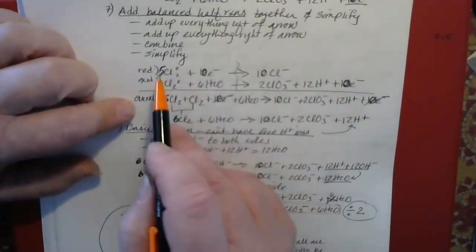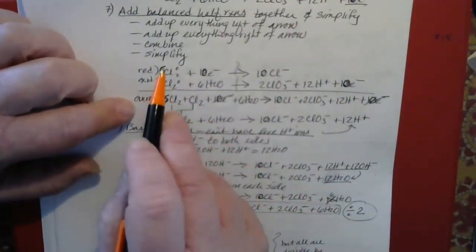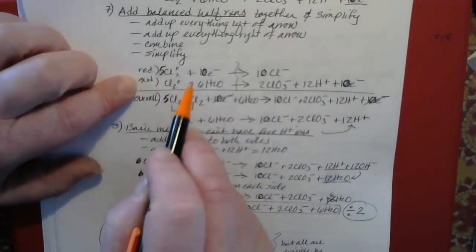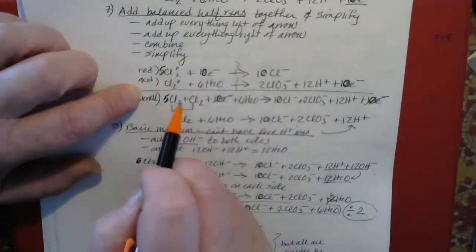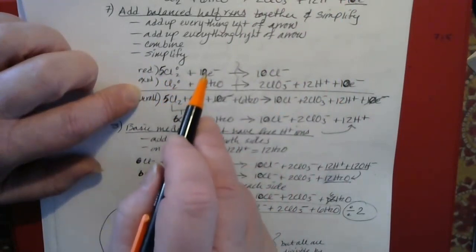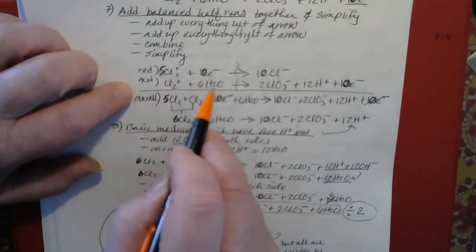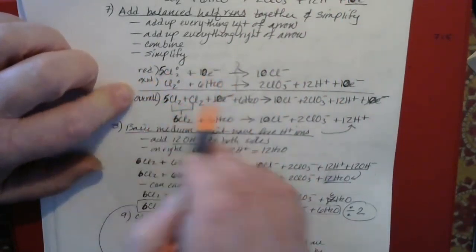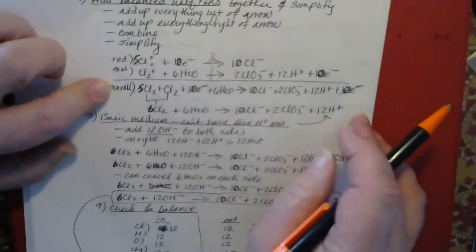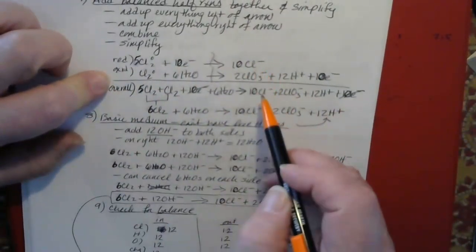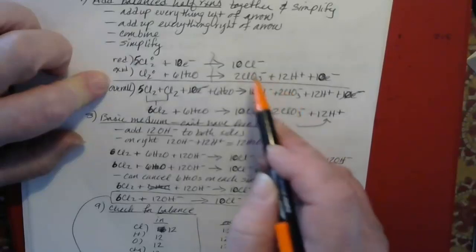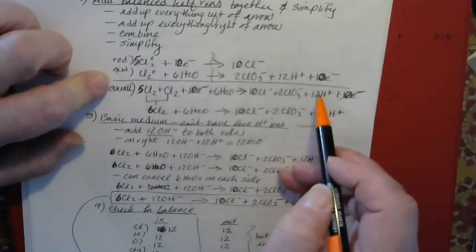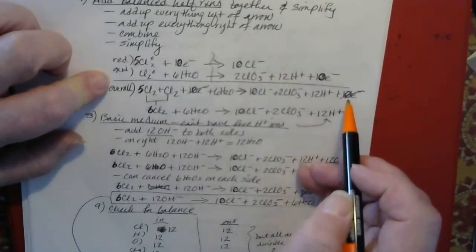So adding it all up, we have 5Cl2 plus another Cl2 from the oxidation half reaction, plus 10 electrons, plus 6 H2Os. And that's everything on the left-hand side of the arrow. For the right-hand side, we have 10 Cl minus, plus 2 ClO3 minuses, plus 12 H plus, plus 10 electrons.